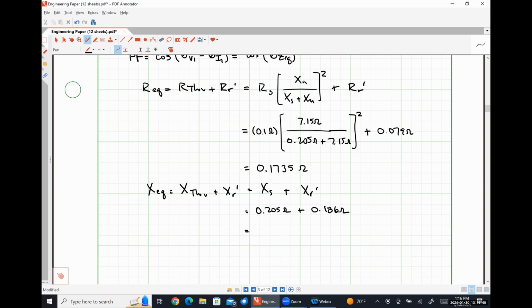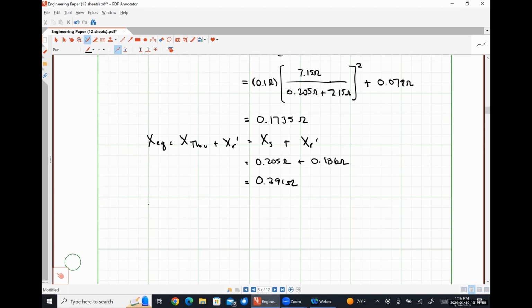Adding those two together, 0.205 plus 0.186 is 0.391 ohms. So from this, our equivalent impedance is just REQ plus jXEQ.